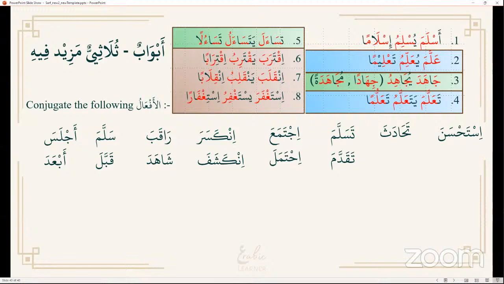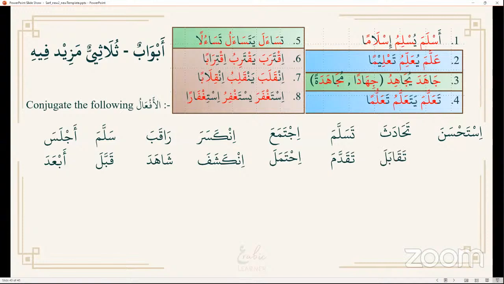Taqaddama. Which family? 4. Yes. Taqaddama, yataqaddamu, taqadduman.